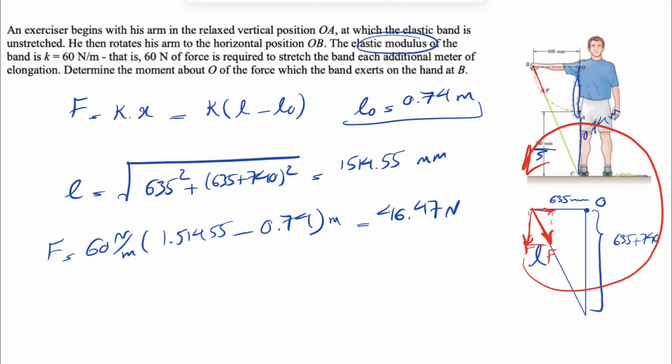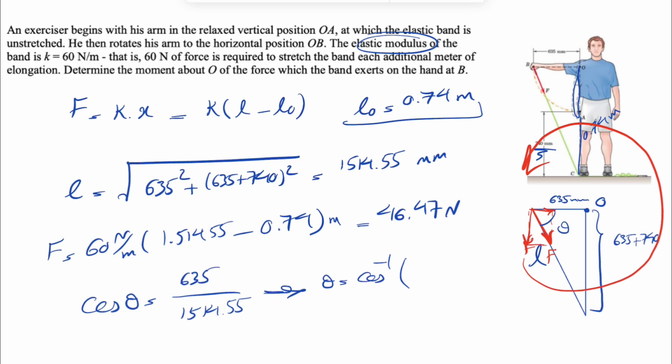But before that, we need to figure out this angle here and call it theta, and that shouldn't be hard too. If we just find the cosine of theta, we basically have 635 over the hypotenuse, 1514.55.